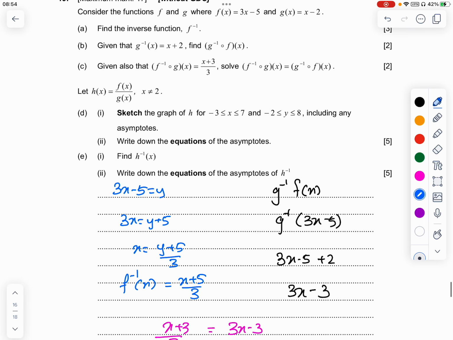X values are between -3 and 7. -3 will be over here and 7 will be over here, whereas y values are between -2 and 8, somewhere over here. And write down the equations of the asymptotes. We have already written the equations of the asymptotes.